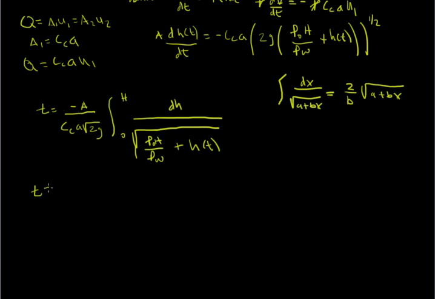That will give us T is equal to negative A over CC A square root of 2G.